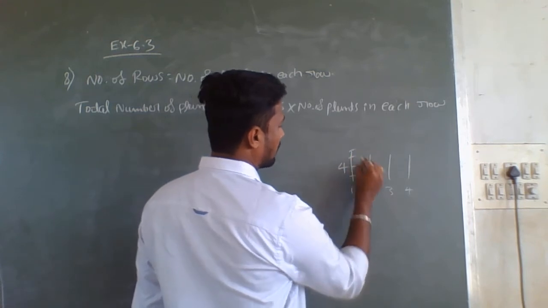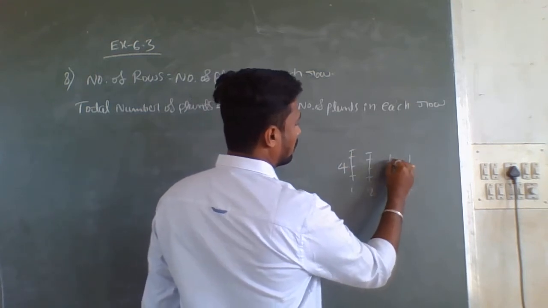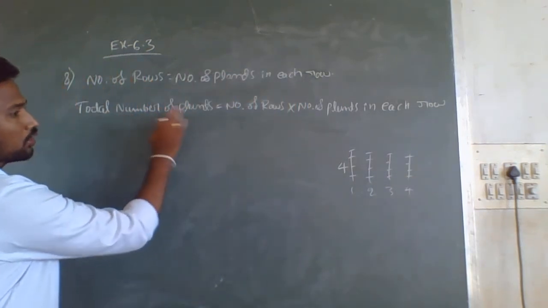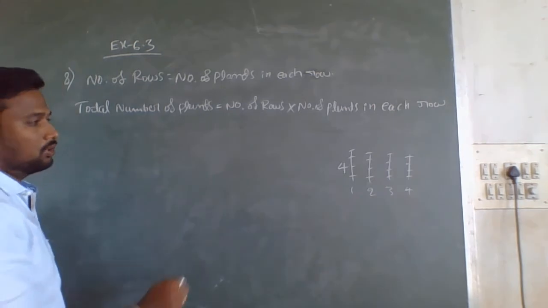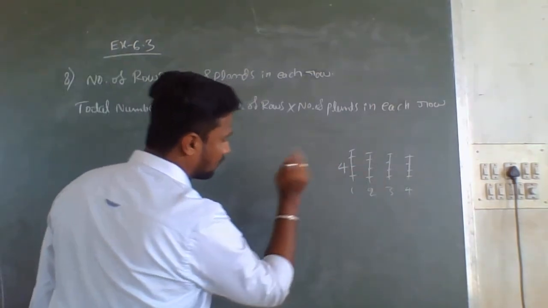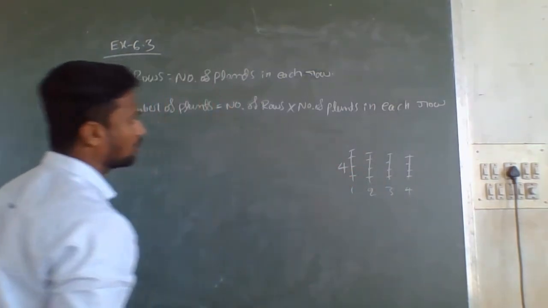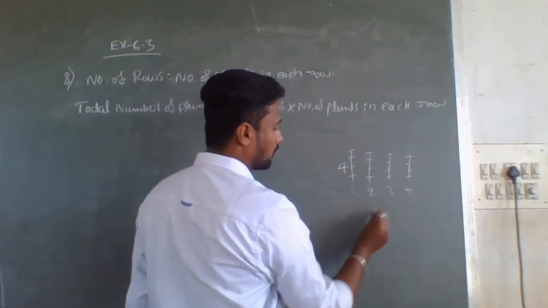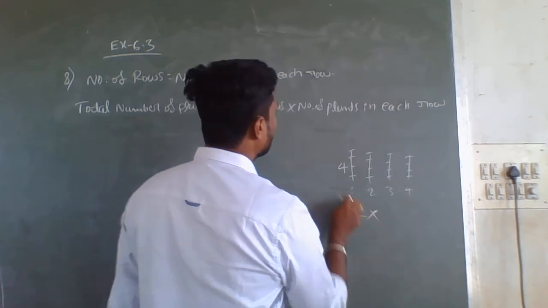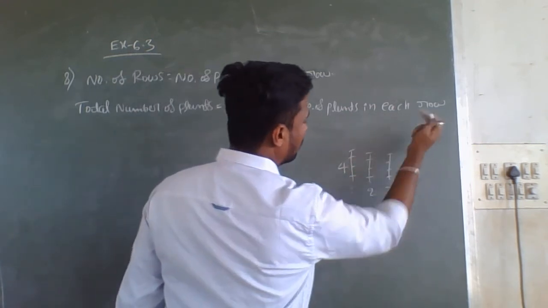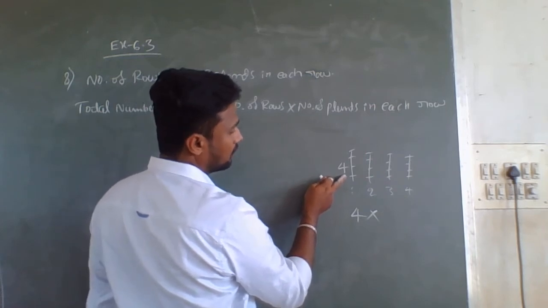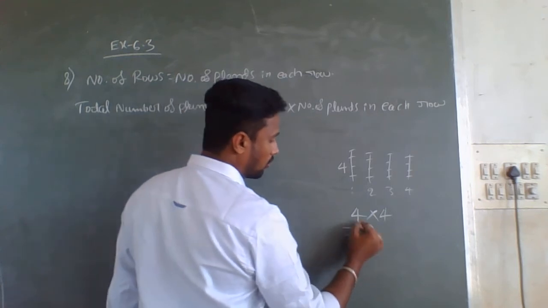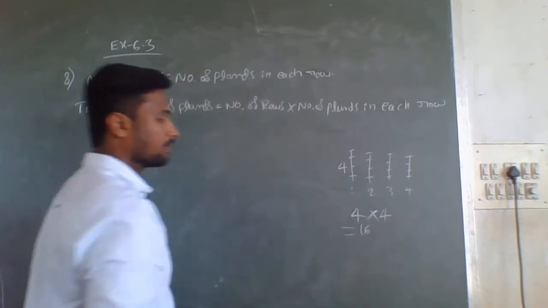The number of rows is 4, into the number of plants in each row, 4. Therefore, the total number of plants is 16.